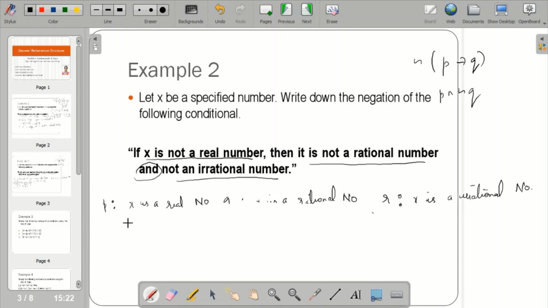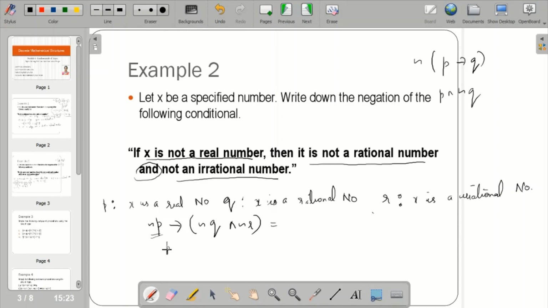See, they have told, if x is not a real number, here p is x is a real number. If x is not a real number, that means negation of p, then x is not a rational number, that is q. X is not a rational number means negation of q, and not an irrational number, so negation of r.